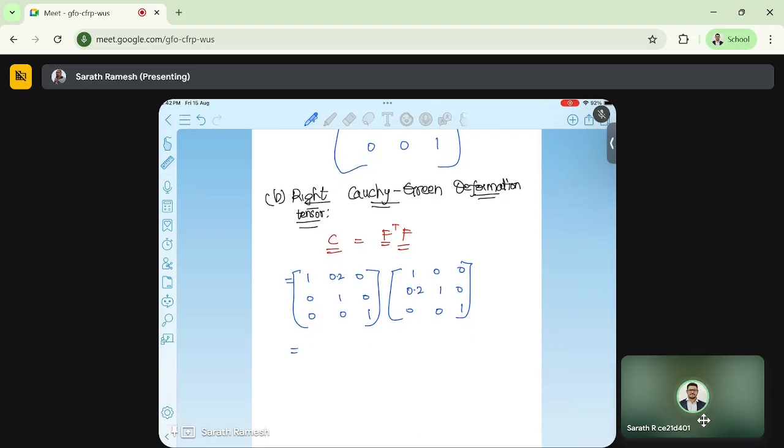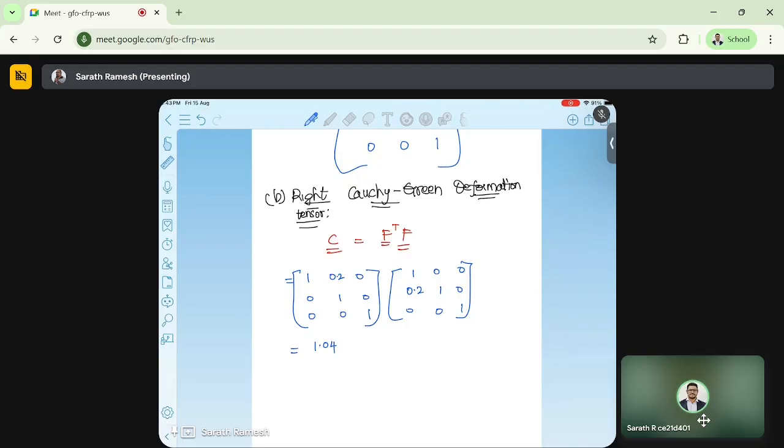Again we have to multiply. So 1 plus 0.04 is 1.04, and first row second column 0 plus 0.2.